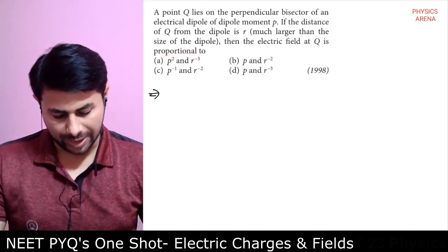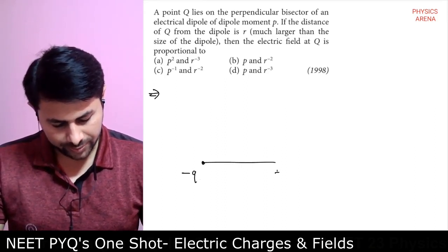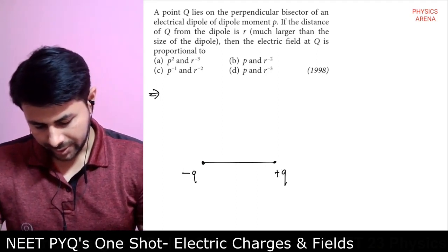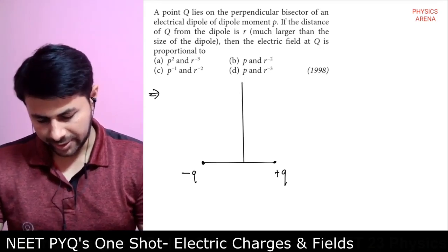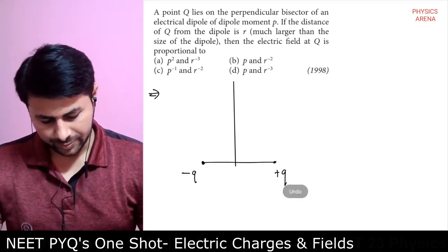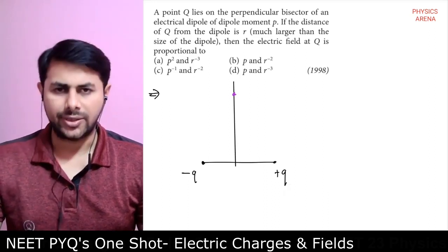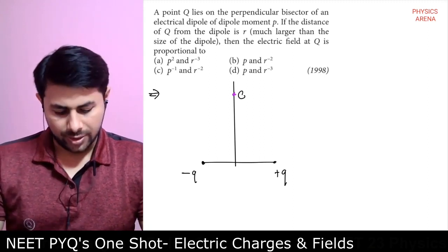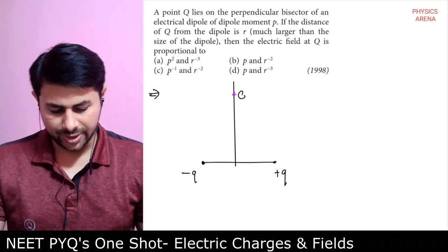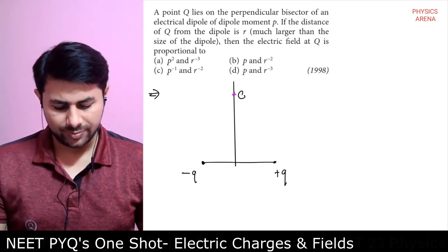The point lies on the perpendicular bisector. So this is your dipole, minus q, plus q, and the point lies on the perpendicular bisector. That means it is on the equator. Okay, this is some point, let's call it C. So the electric field at this point is proportional to what?